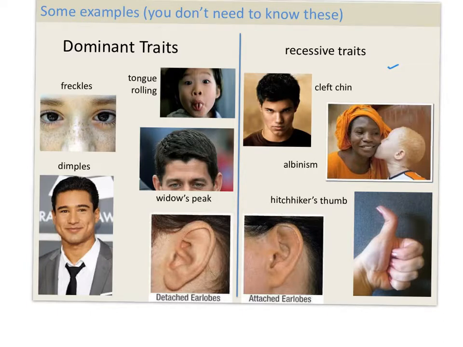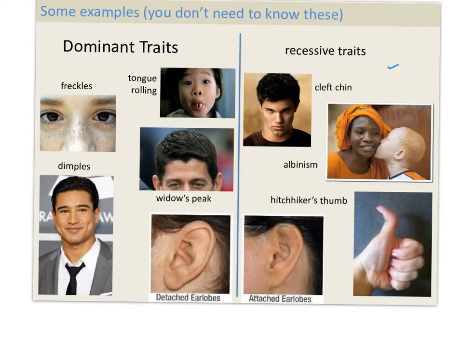Now, there's also cases where there's recessive traits. In this case, you need two of the same alleles for this trait to be expressed. Cleft chin. You need two copies of the cleft chin allele for it to be expressed. If you have a normal and a cleft chin allele, you won't have a cleft chin.